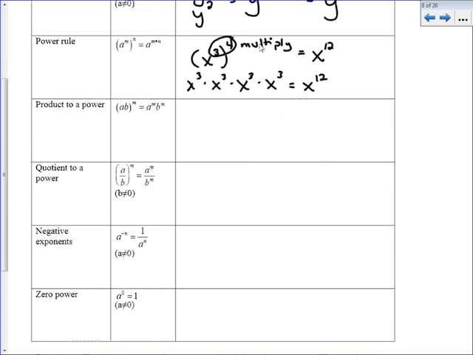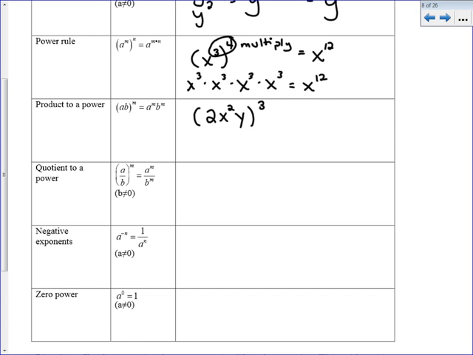Now the next two are very, very similar. It's product to a power and quotient to a power. And I always say, think of these like distributing. So if I have, let's say, 2x squared y, and I want to raise it all to the 3rd power. Well, I could write it multiplied by itself 3 times, but again, that's not necessarily practical.